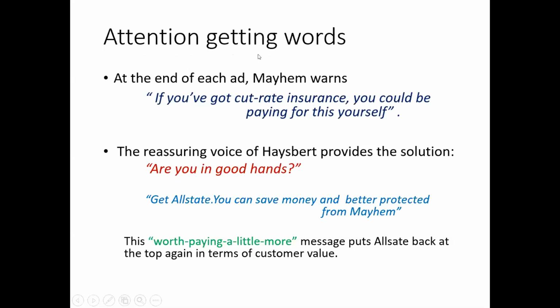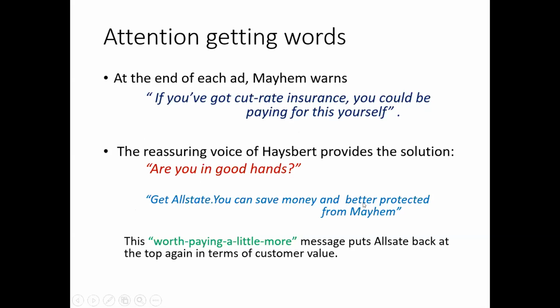And attention-getting words. At the end of each advertisement, Mayhem says, if you have got cataract insurance, you could be paying for this yourself. And also the reassuring voice provides a solution: are you in good hands? Get Allstate.